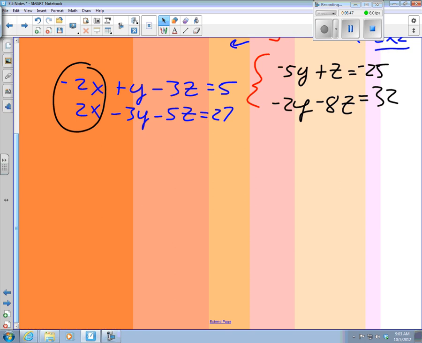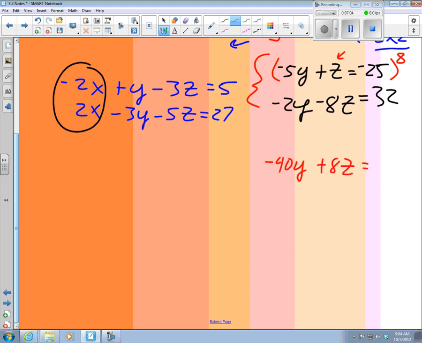And I think I will eliminate the z's by multiplying. Let's go. I'm going to multiply the top one here by 8. If I do that, I'll get 8z and -8z. So -40y plus 8z equals -200.